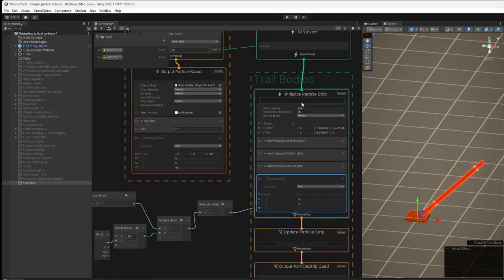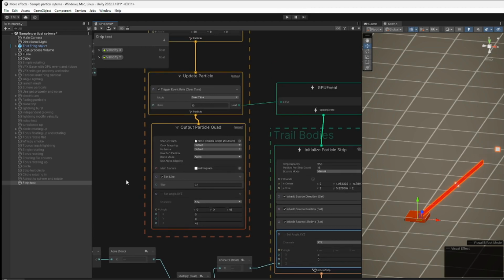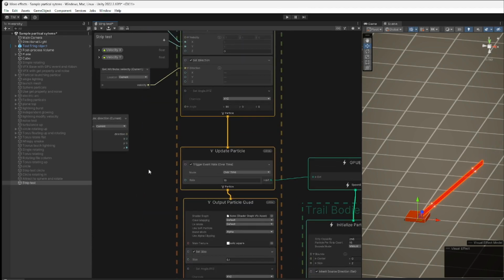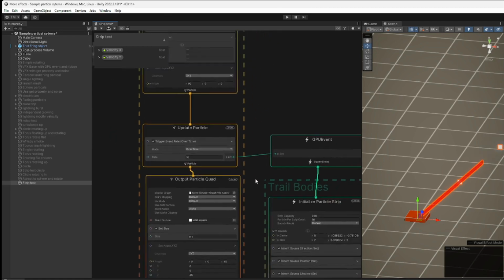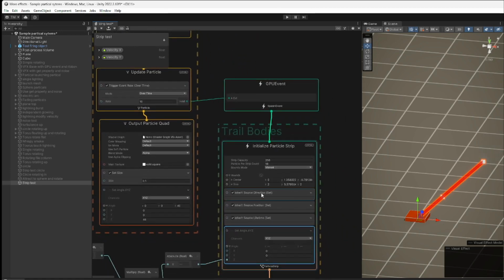And then I'm going to initialize the particle strip. I have the capacity; it creates a particle strip of 16 elements per particle. In the example before, we were creating our own particle strip and defining the number of particles. This way it is creating the particle strip off this trigger event. And I'm going to inherit the direction. The direction that I set over here, and this is important, is going to be carried over into the particle strip because I need to know that direction.